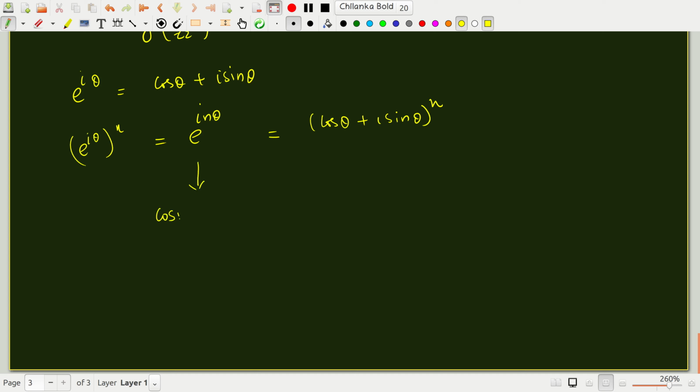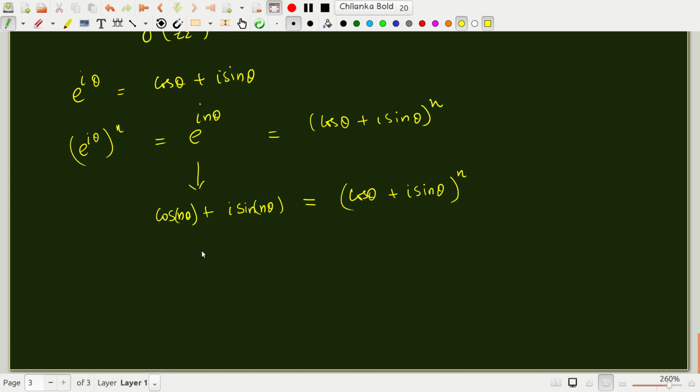This is cos n theta plus i sin n theta. This is nothing but (cos theta plus i sin theta) whole to the power n. So you get a very easy expression for (cos theta plus i sin theta) whole to the n in terms of cos n theta plus i sin n theta.